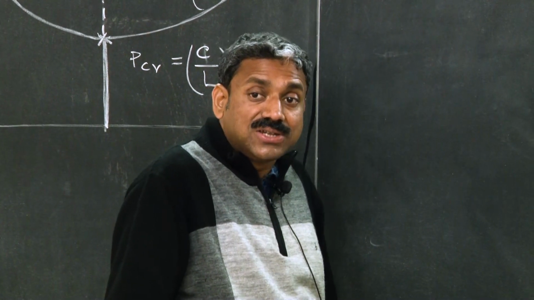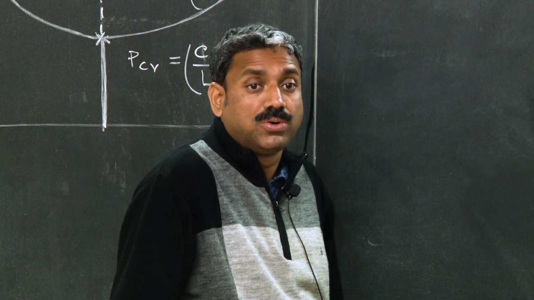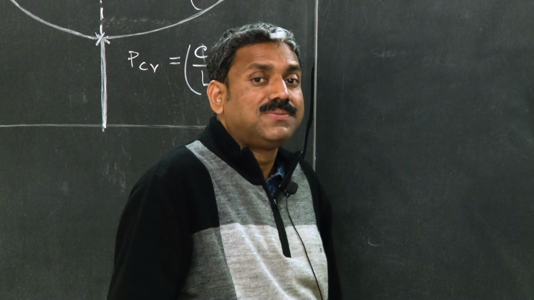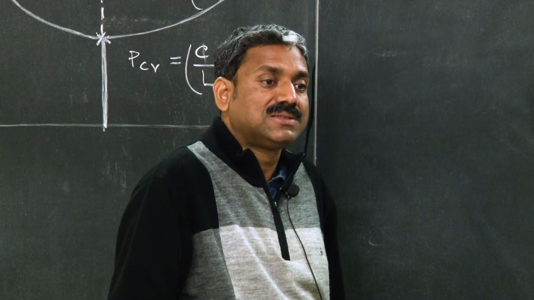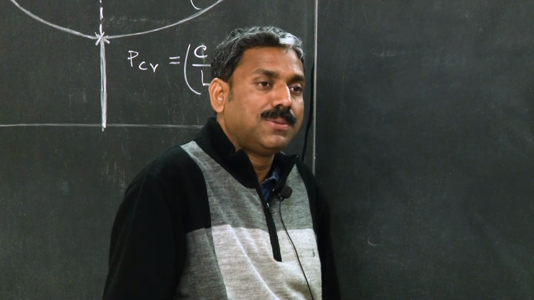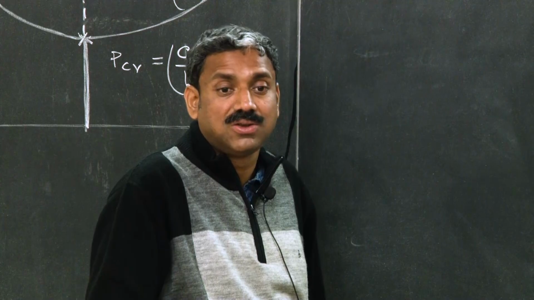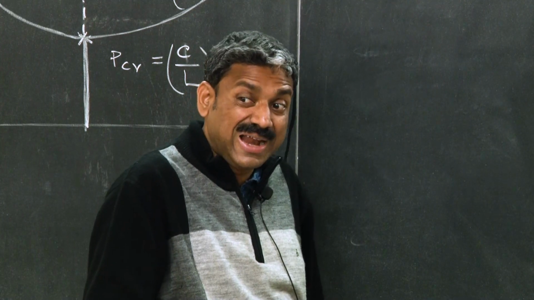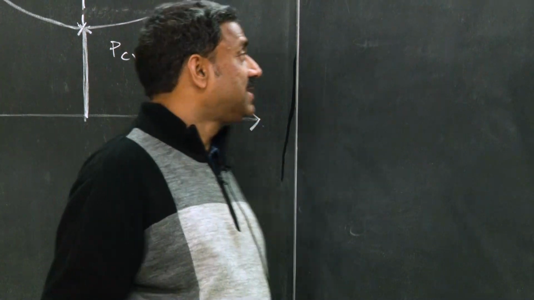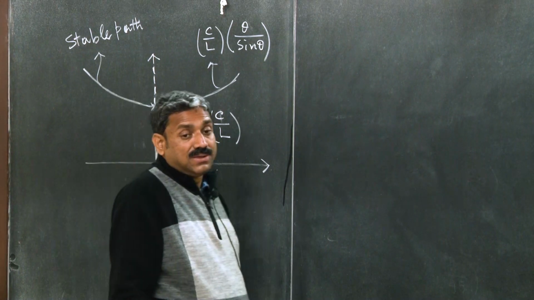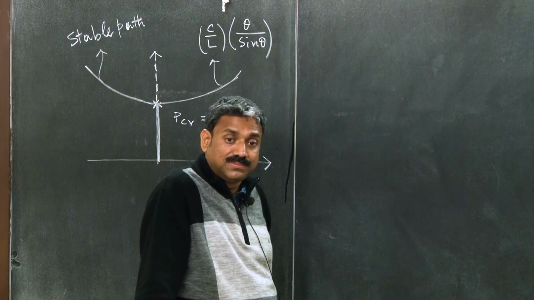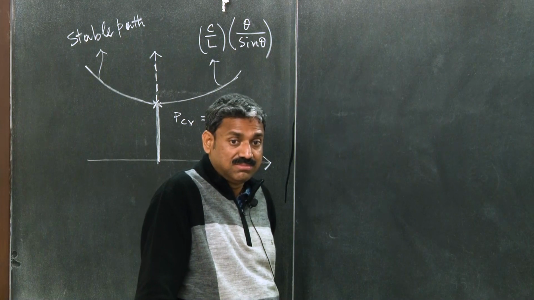In the post critical stage also the structure can carry load, but for a column there is very little post critical load. For 30-degree deflection, it can only have 4%, 5% increase in load. But for a plate, it is significant. So this kind of behavior is portrayed by column and plate. Okay.